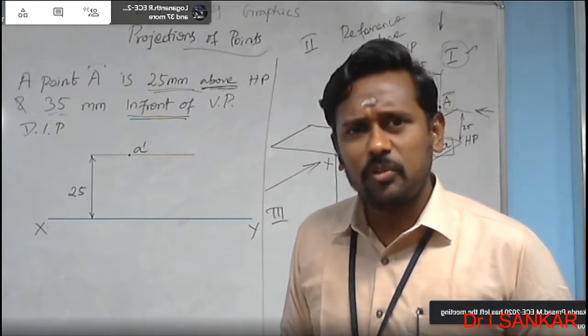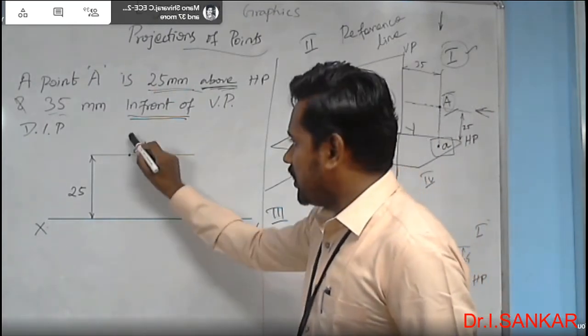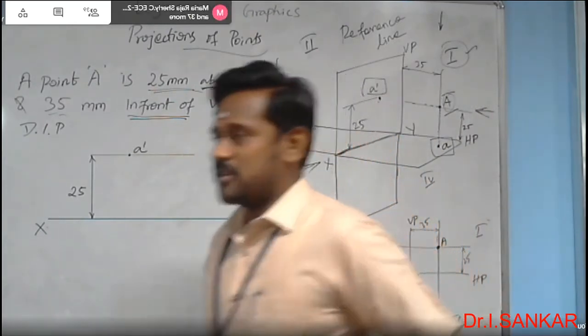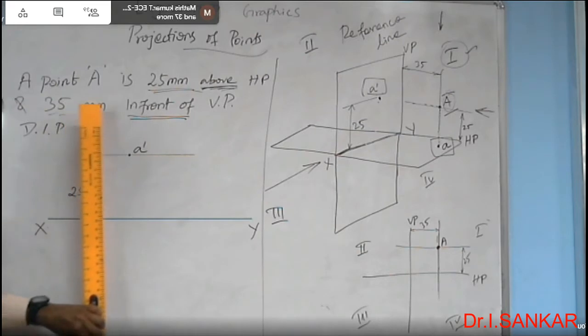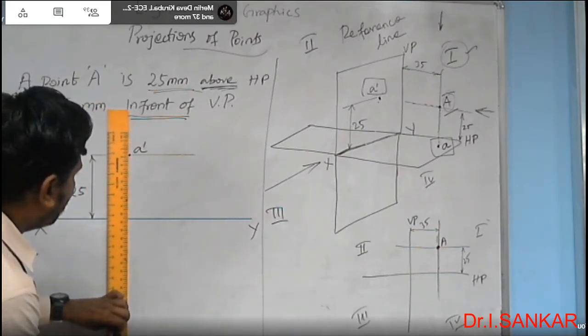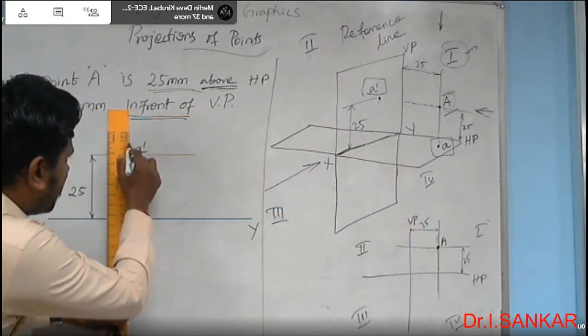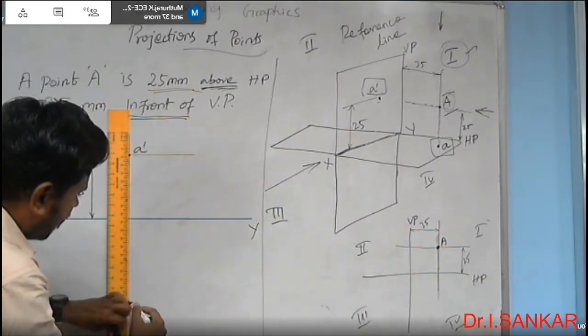So how to draw the projector line? Simply draw a line perpendicular to the XY line from the view of the object. See, I just drew the front view A dash as a point. From this point, I have to draw a line perpendicular to the XY line towards the top view area.